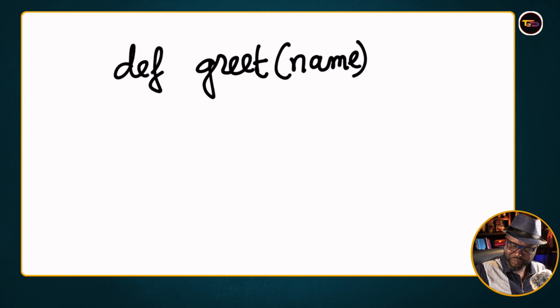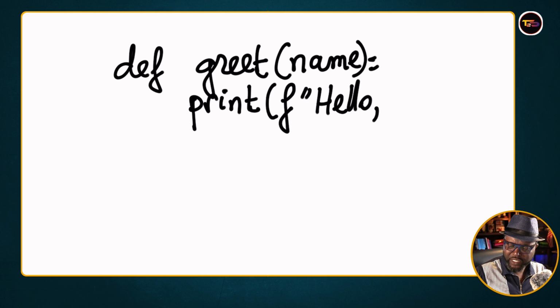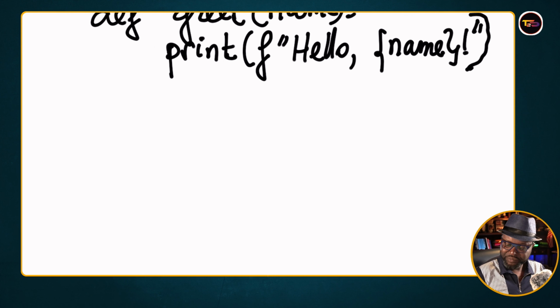When you do that, you end with a colon, and remember to indent. Print, and you can use F, then you say this is a message. You can do it many different ways, like hello, and then we're going to call on the name here, and you close the bracket there.